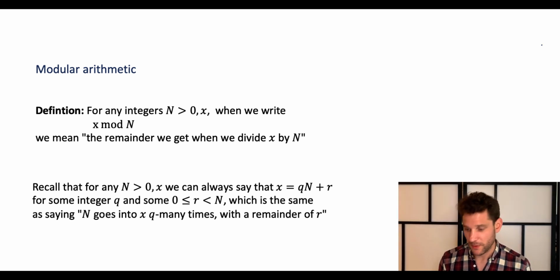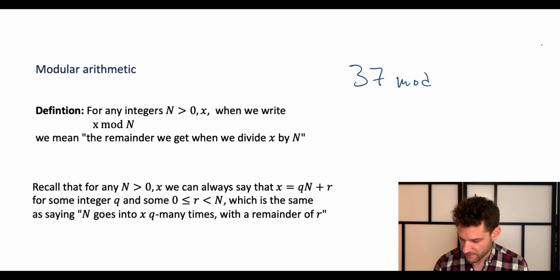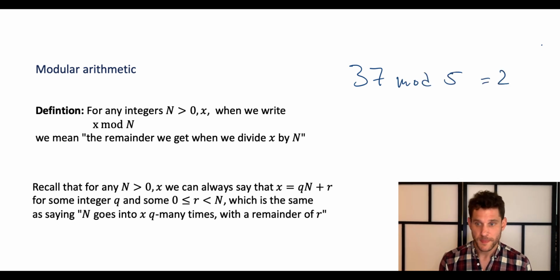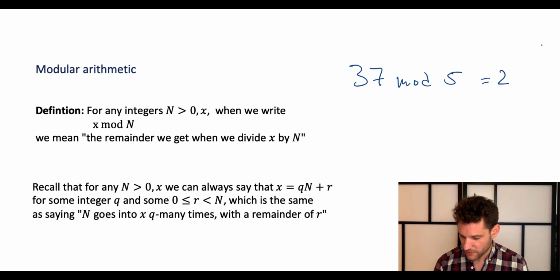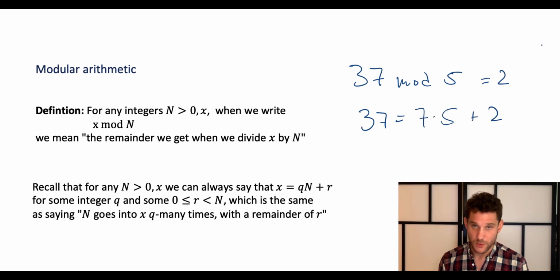Okay, let's do an example. The number 37 mod 5, right? That equals 2. And I can write 37 equals 7 times 5 plus 2. Notice 2 is the remainder here, right?